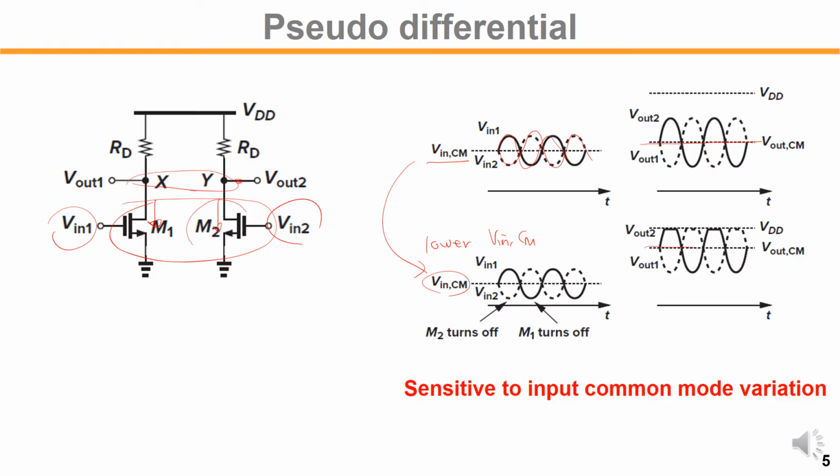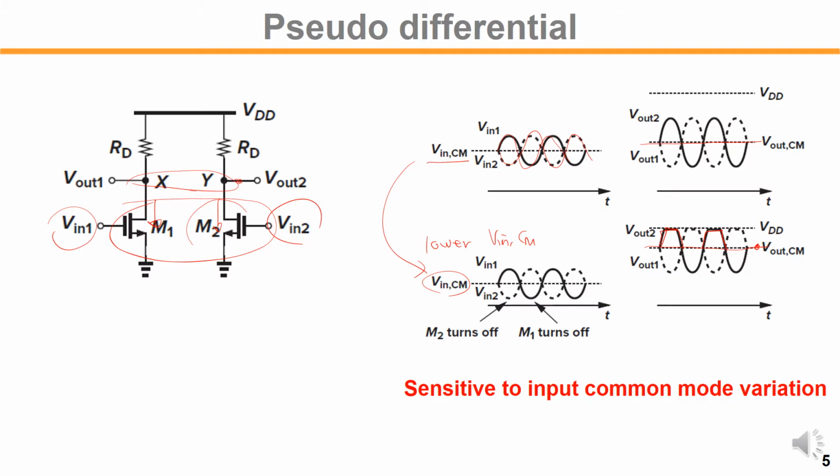So the output common mode will go up. This will go to a non-ideal case where the output common mode is near VDD, so that for the input signal variation, the output doesn't have enough signal headroom, and it will clip like this. So this kind of distortion happens.